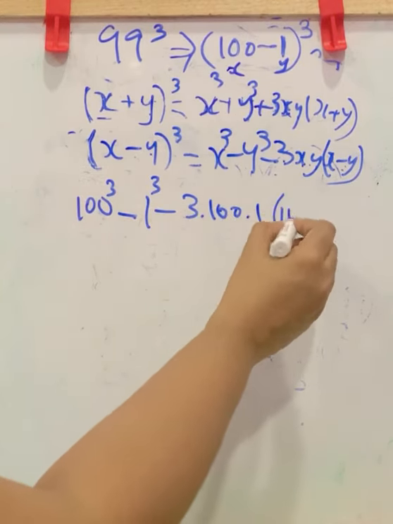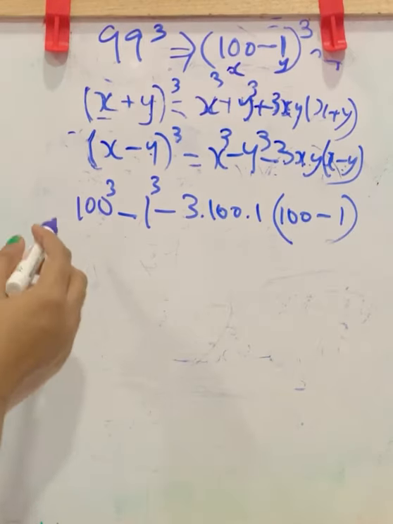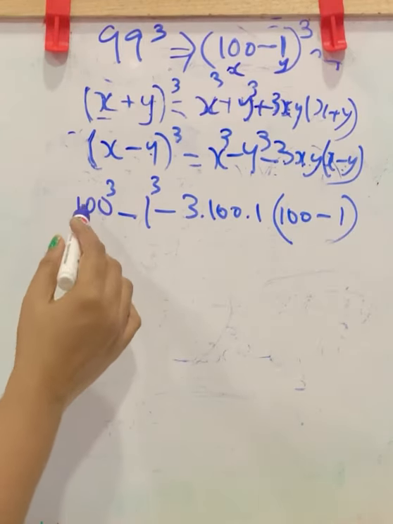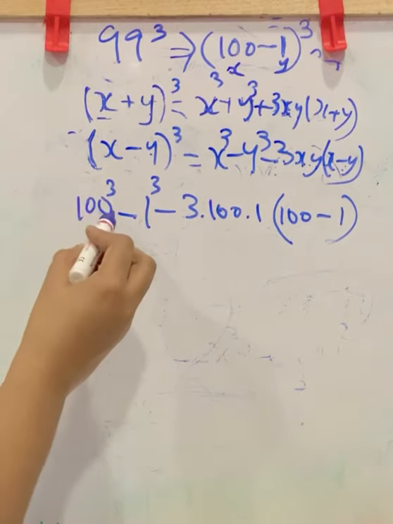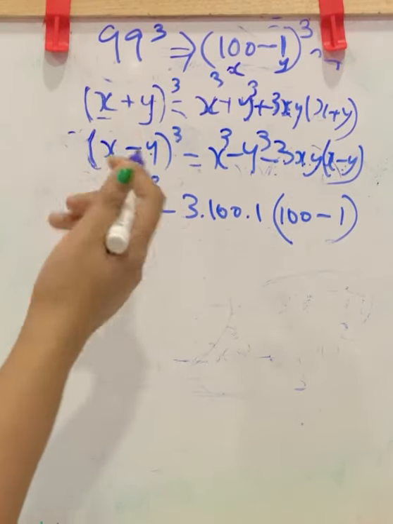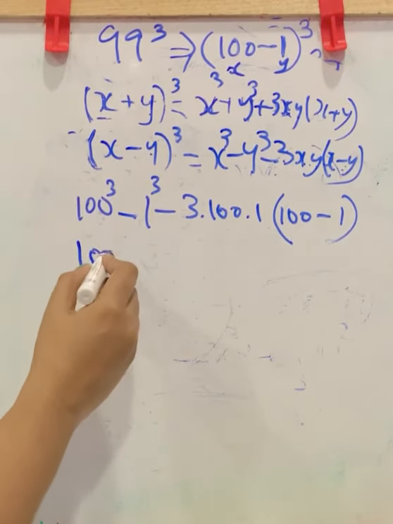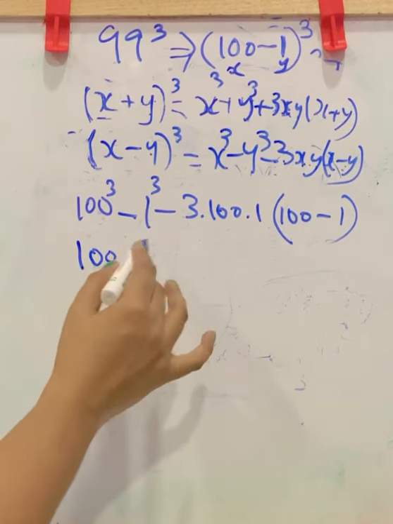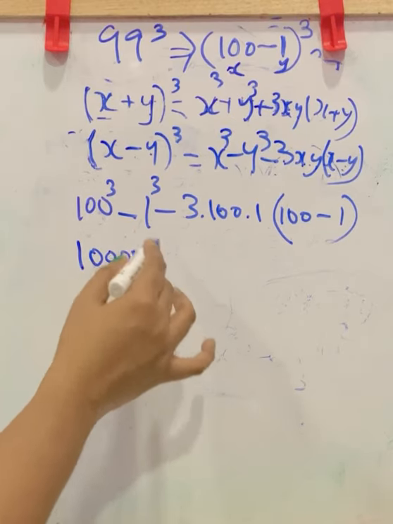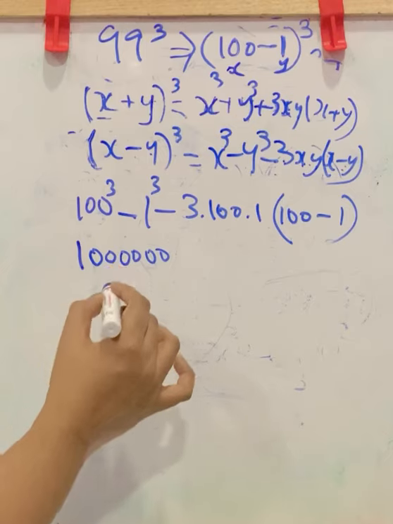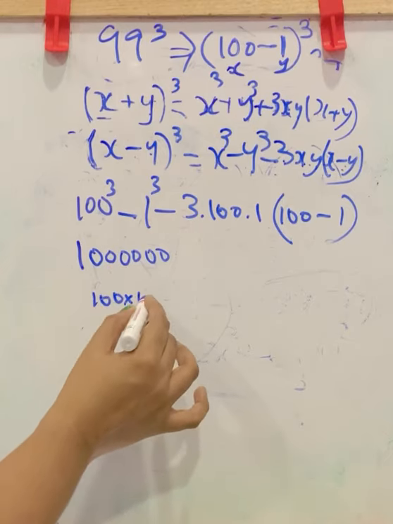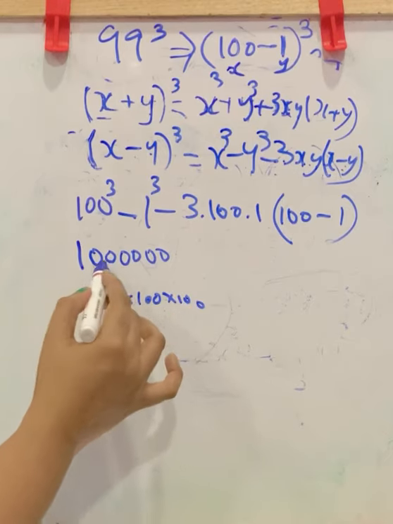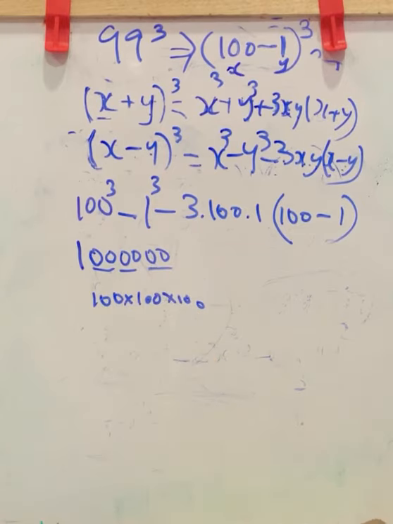Inside the bracket 100 minus 1. 100 cube is, taking cube means 100 you want to multiply 3 times, that is 100. Now into 100 means 2 zeros from that, into one more 100. 3 hundreds are multiplying, that is 100 into 100 into 100. So in total we have this much zeros from each of these hundreds.